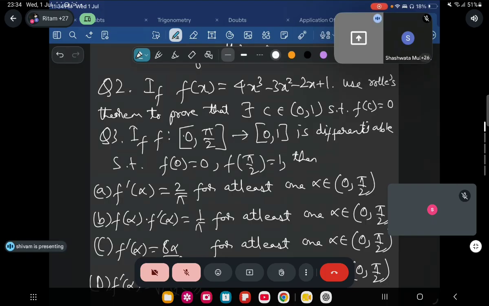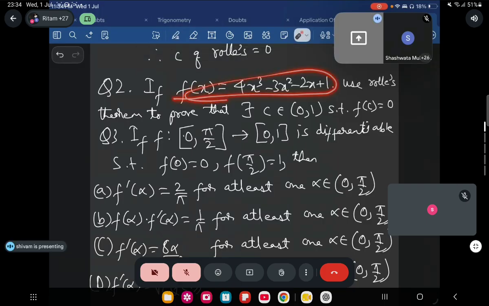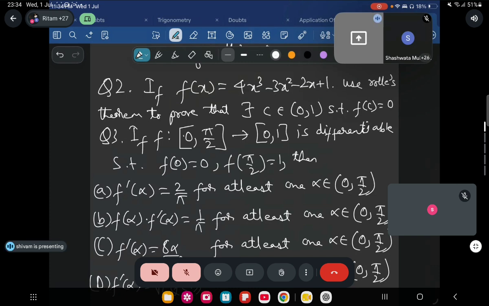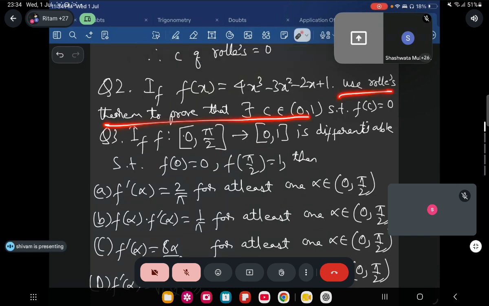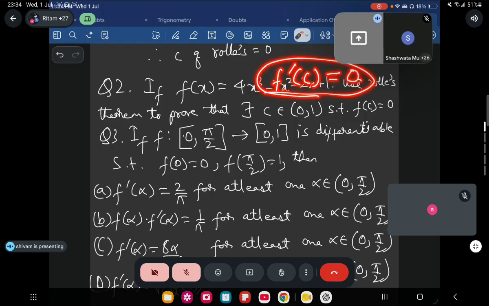Okay, let us start number two, everyone. What should be your thought process while solving this problem? F of x is given to us. Pay attention, everyone. You have to use Rolle's theorem to prove that there exists some c belongs to (0, 1) such that f of c is equal to 0. Generally, whenever you use Rolle's theorem, you always find f dash c is equal to 0.